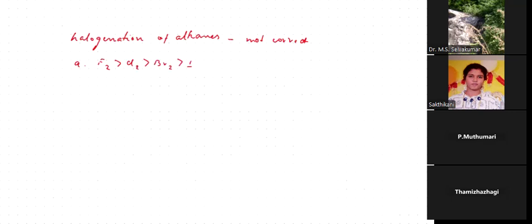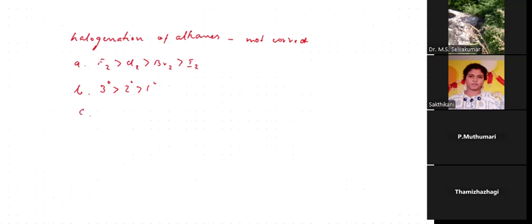Second statement, for a given halogen, the reactivity of the hydrocarbon is in the order tertiary, the highest, secondary, and then primary. Tertiary hydrocarbon will be the fastest one. Next to that, the secondary, and the least one is the primary.